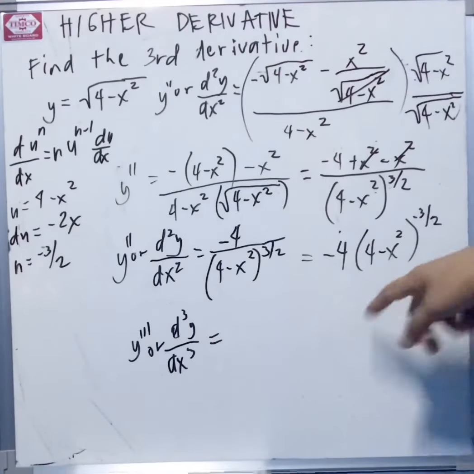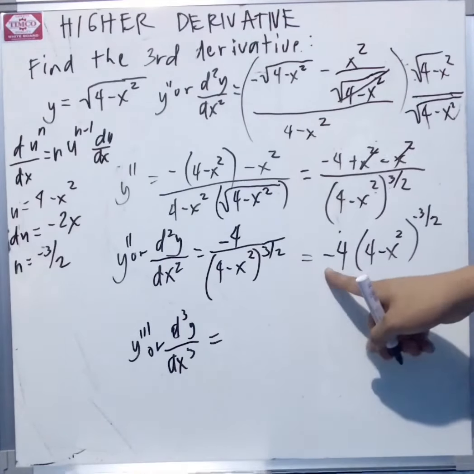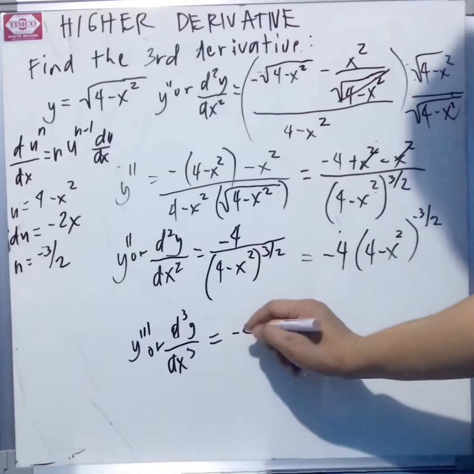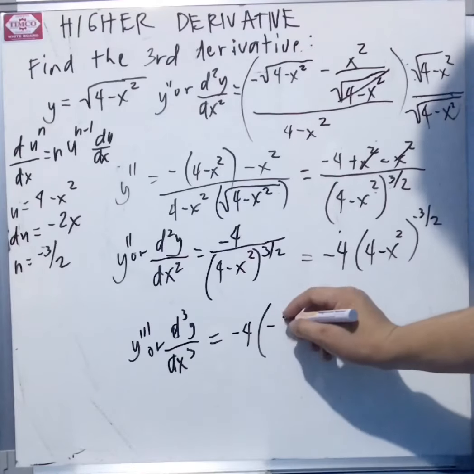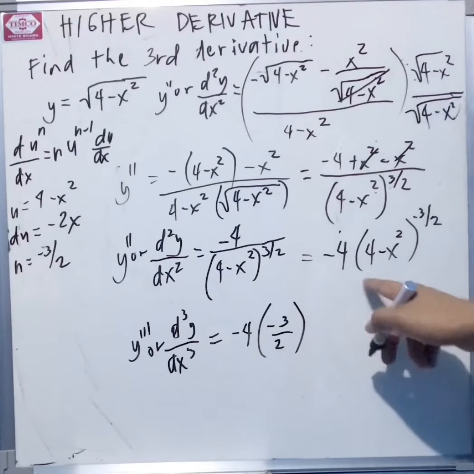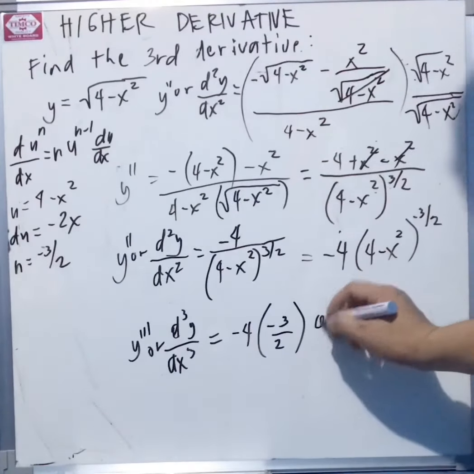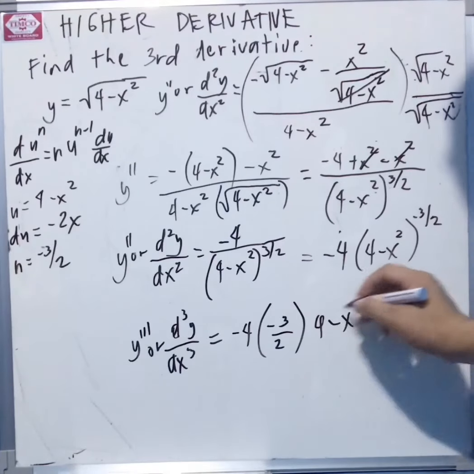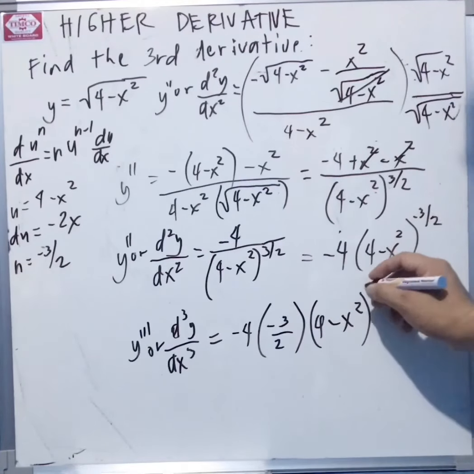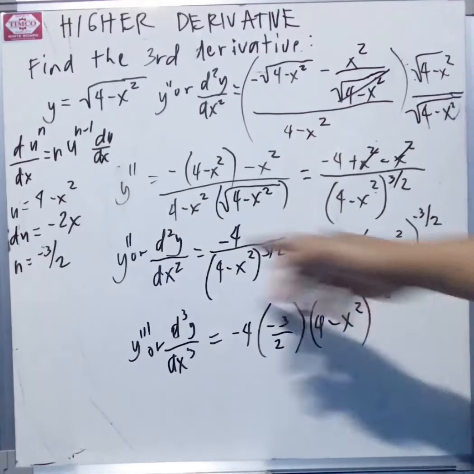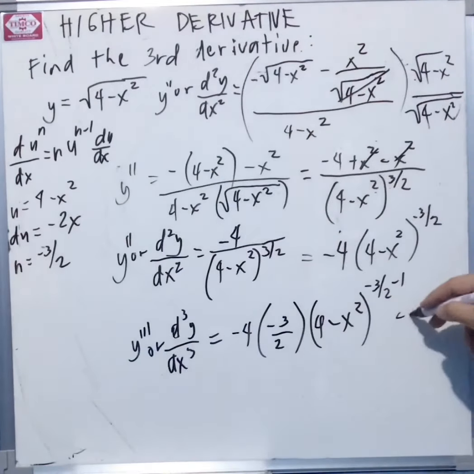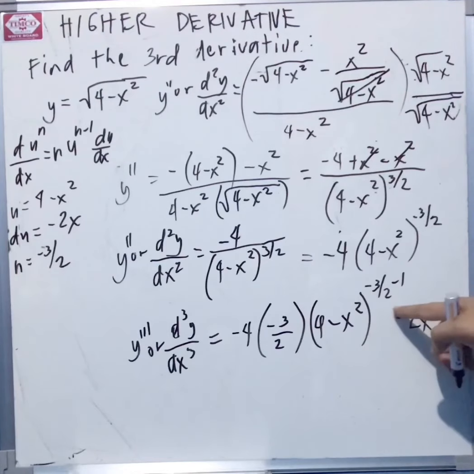Substitute na natin siya sa formula. So, para makuha yung derivative nito. So, meron tayong constant sa negative 4. Retain natin yan. Times n. Ang n natin is negative 3 over 2. Times u. 4 minus x squared. Times raised to the n minus 1. Diba? N minus 1 times du na negative 2x. Okay? So, simplify natin.